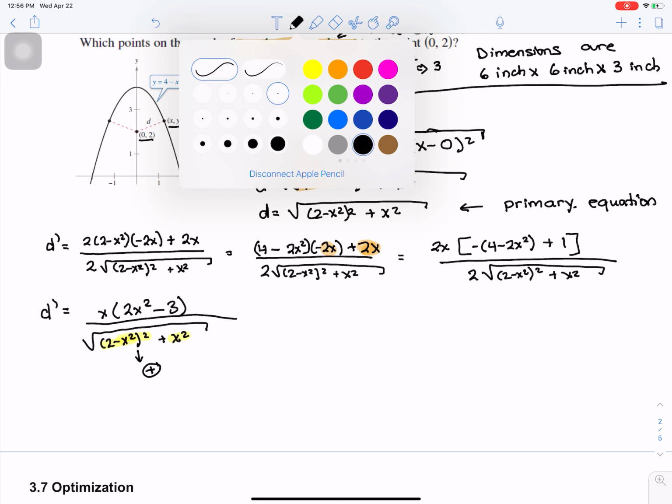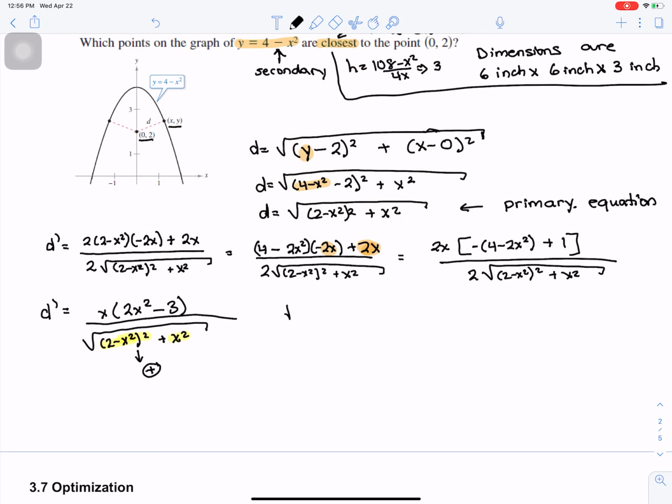So now the numerator equaling 0, d prime equals 0, implies that x can equal 0 or x can equal plus or minus root 3 over 2, all under the square root.